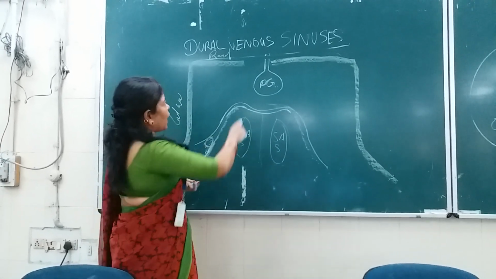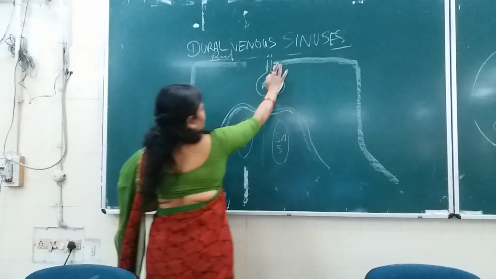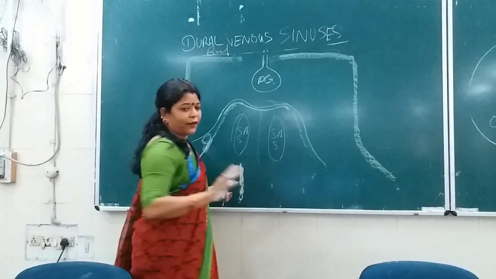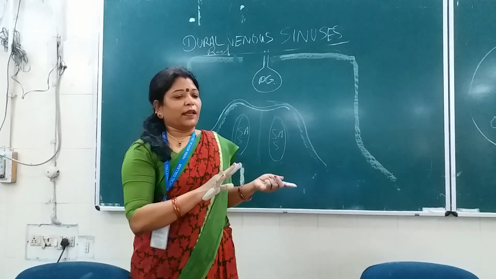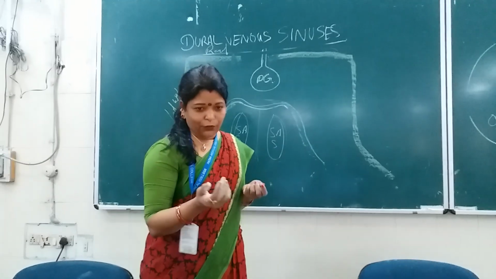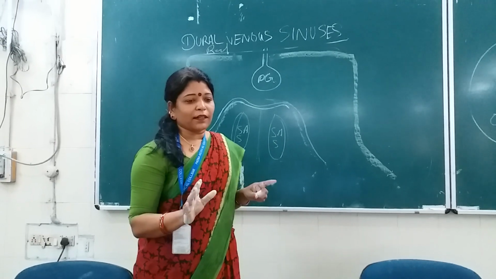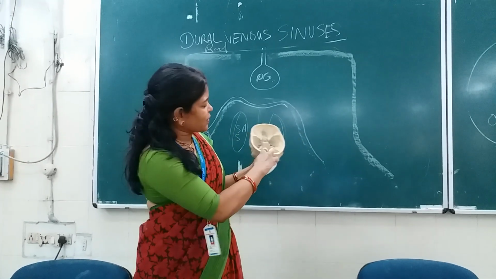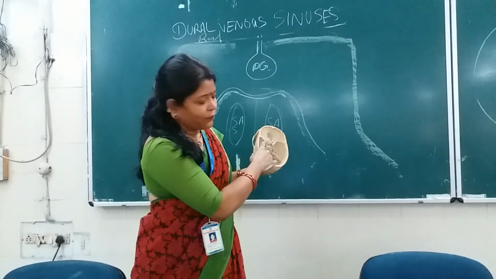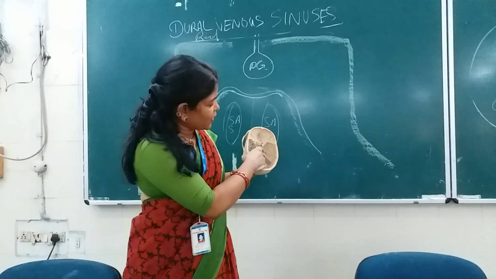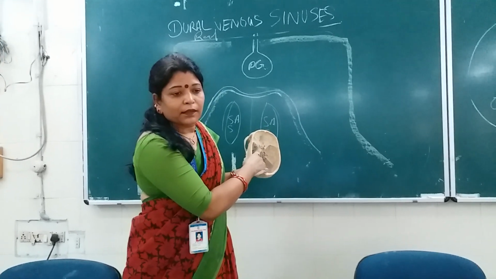Now, here there is the infundibulum, and we discussed in the previous class the fourth fold of dura mater. What is that? Diaphragma sellae, a quadrilateral fold of the dura mater which covers the sella turcica. Do you remember?